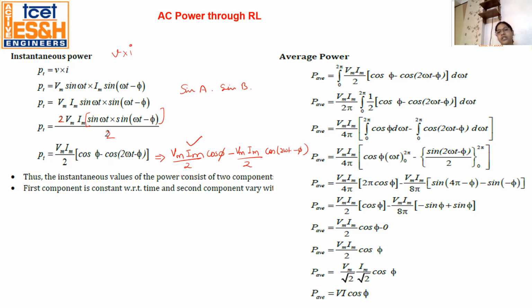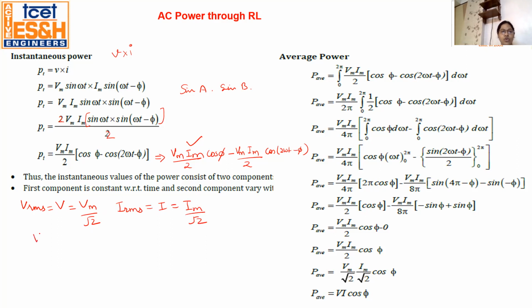Now this can also be represented in terms of RMS values. VRMS is nothing but Vm by root 2, whereas IRMS is equal to Im by root 2.